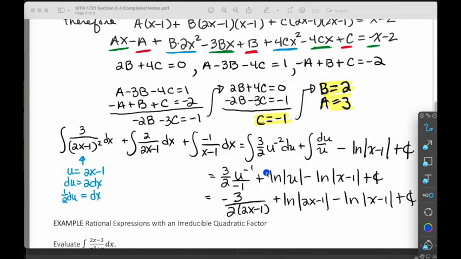And now we can go ahead and integrate. So I'm going to let u be 2x minus 1. So du is 2 dx, which means I can replace dx with 1/2 du. So when I do my substitution, I'm going to get 3/2 u to the negative 2. This 2 comes up as a negative 2 to make it easier to use the power rule.